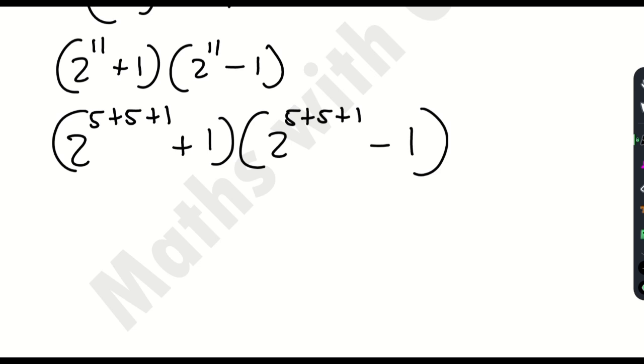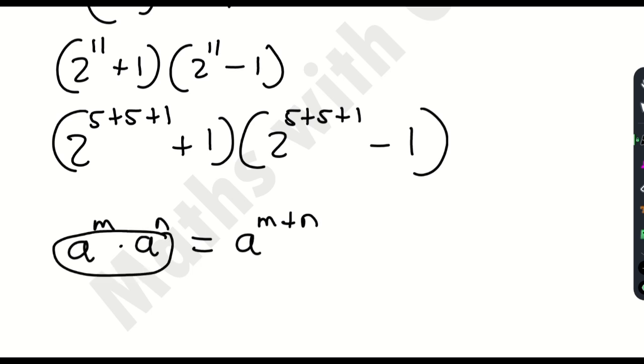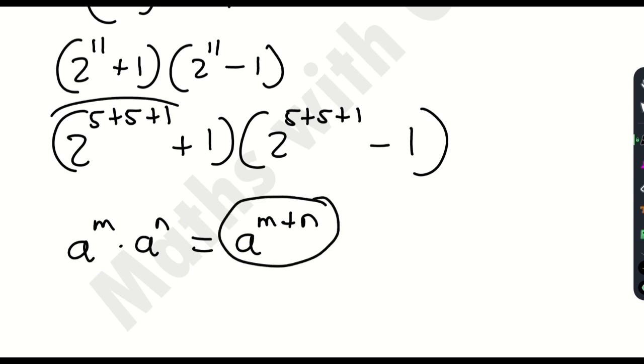Now, let me tell you this. From one of the laws of indices, if you have a raised to the power m times a raised to the power n, this can be expressed as a raised to the power m plus n. Why? They have the same base. So what I want to do now is to transfer it from this form. As you can see, this relates to this. I want to transfer it from this to this.